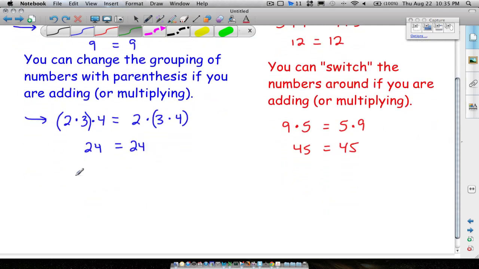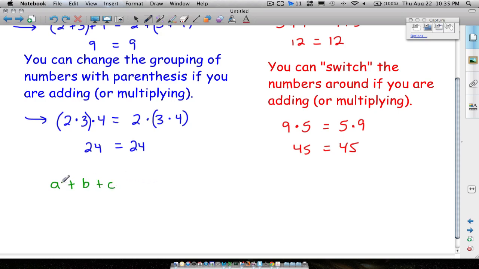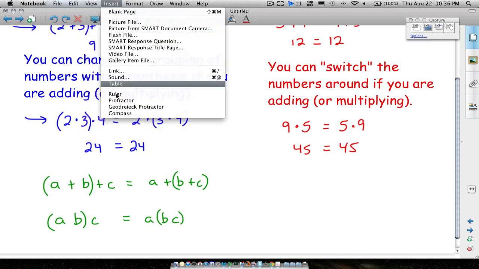So we could say, back on the associative property, if we have some number A plus some number B plus some number C, and if you group the A and the B, it's going to be the same thing as A plus B plus C with the B and the C grouped. The same thing applies to A times B times C with the A and B grouped, which is equal to A times B times C with the B and the C grouped together. This is the associative property. Look at this.